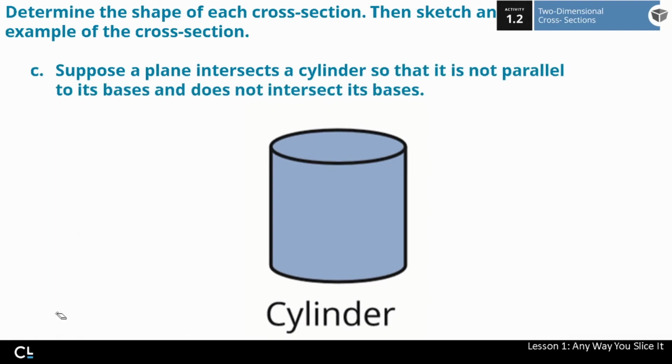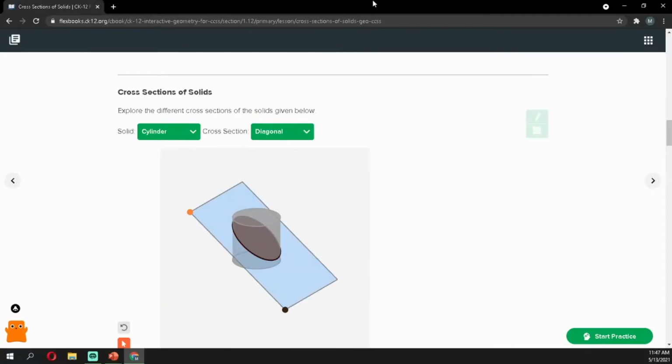All right, for our next one, it says determine the shape of each cross section, right? Same thing that we've been doing. But this one says suppose a plane intersects a cylinder so that it is not parallel to the bases and does not intersect its bases, right? Now this one's a little harder to visualize because we need a diagonal plane here. So I got a little tool that I found, which I'm going to be pulling up on the screen.